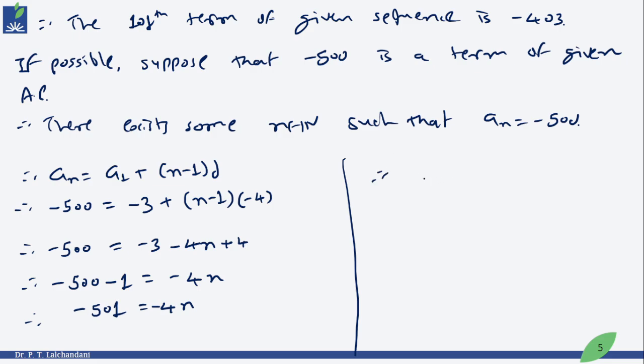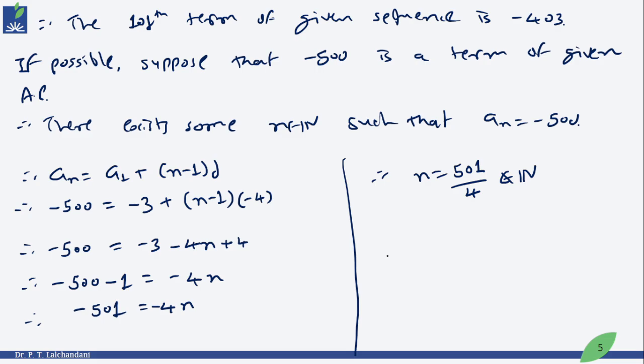So therefore we are getting that n is equal to 501 divided by 4, which does not belong to N. That means it is not a natural number, right? If you find out 501 divided by 4, you will get the value 25 point something. We know that n must be a natural number, either 1, 2, 3, 4, 5, and so on.